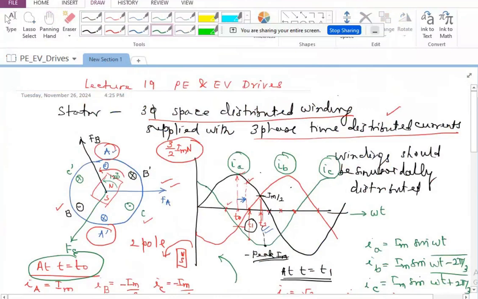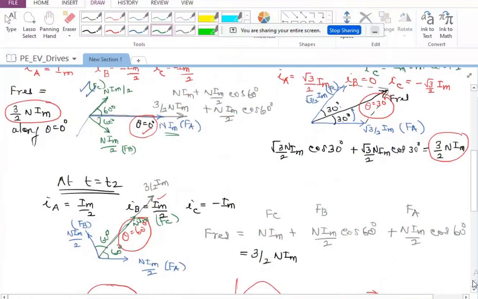Instead, if I had given B phase winding supplied with C phase current and C phase winding supplied with B phase current, it would have completely seen the rotation coming in the opposite direction. You would have seen that whatever I have shown as FC, that would have become FB. So I would have got that somewhere here. So the rotation would have taken place in the clockwise direction.